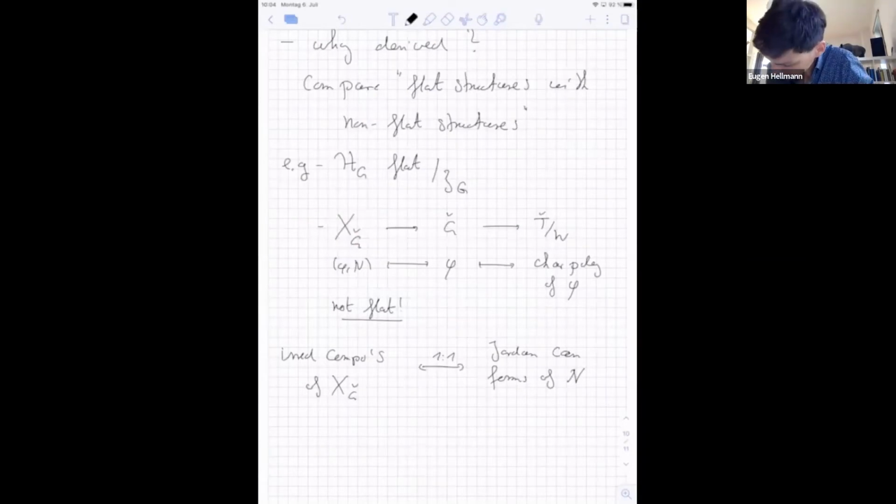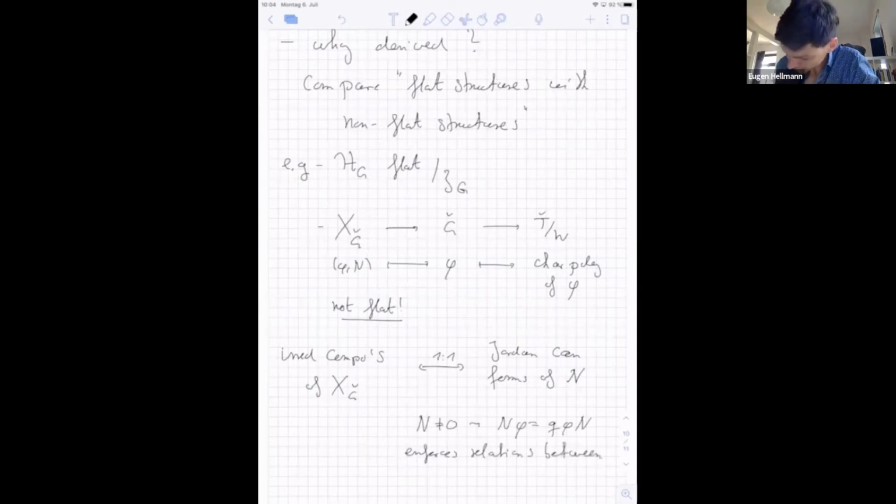But here you see that if N is not equal to 0, this equality N phi being q phi N of course enforces relations between the eigenvalues of phi.